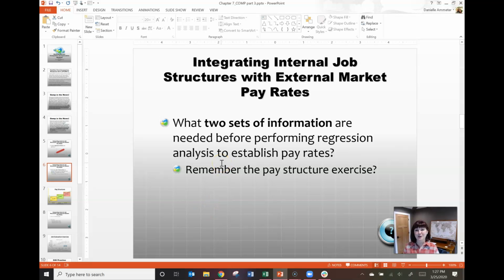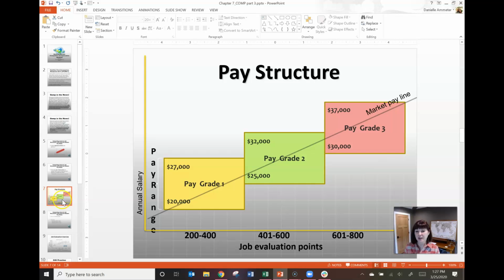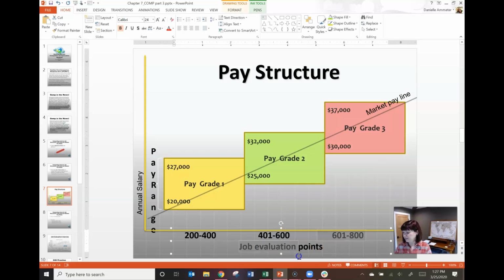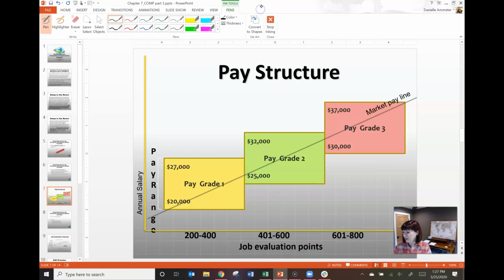So I asked you guys, what is the information that you need when we're looking at pay rates? So remember the pay structure exercise. What is this? That's your internal job structure. So we went through our job analysis, job descriptions, job evaluation, did a point method exercise.